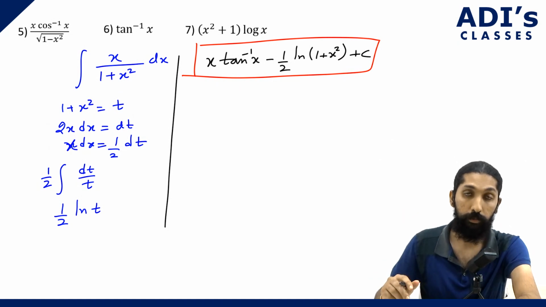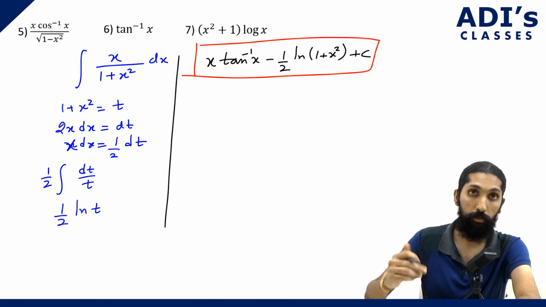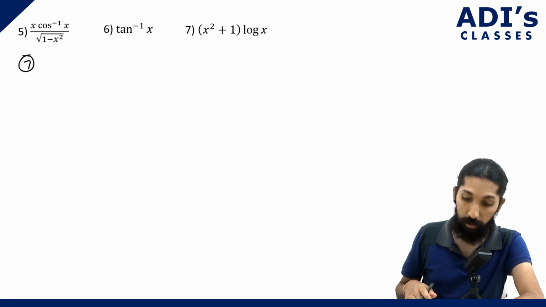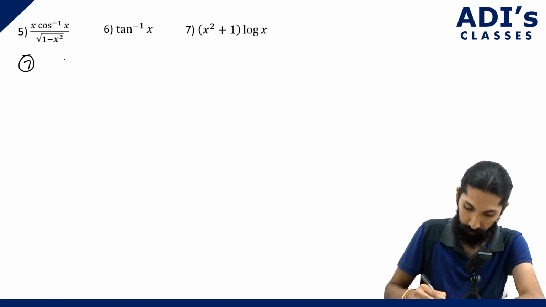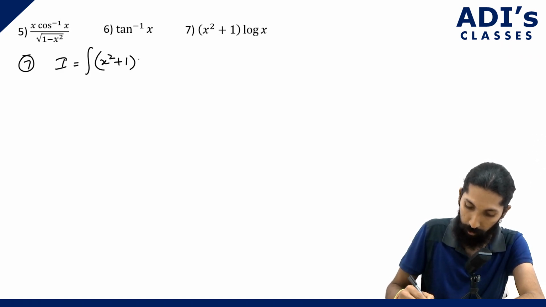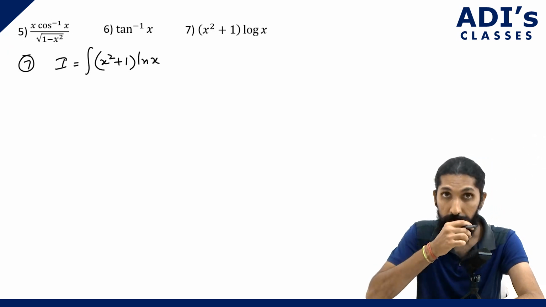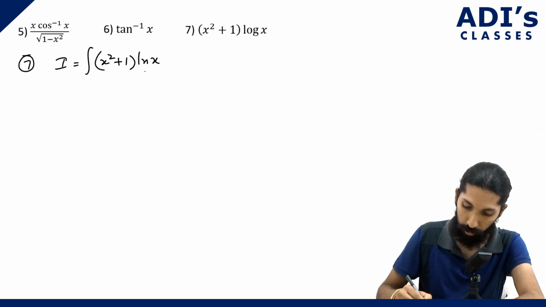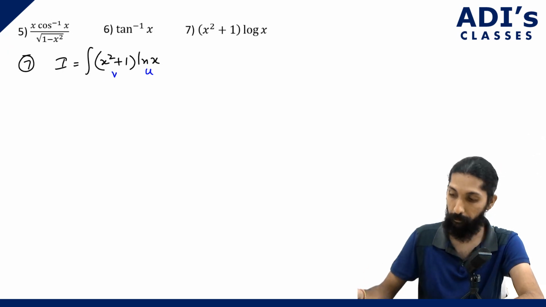Now we're going to move to the next one. See, in the seventh one, you have x square plus 1 into log x, right? X square plus 1 into log of x. Again, the precedence is very important. So we are going to take this as u, take this as v.